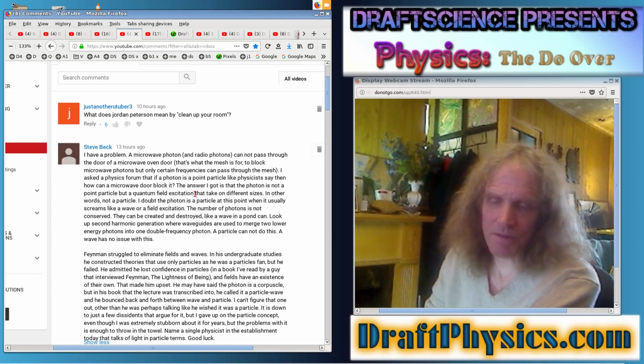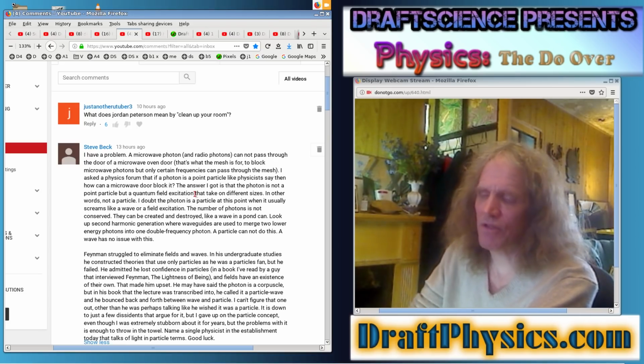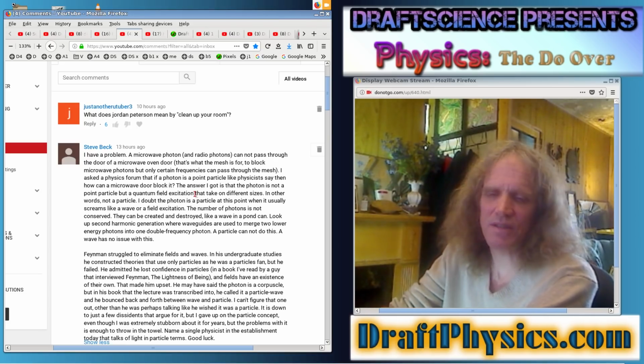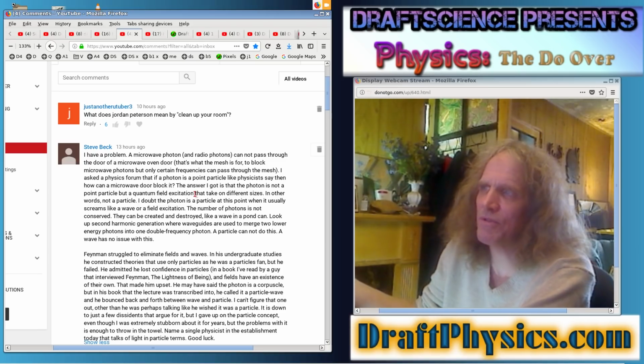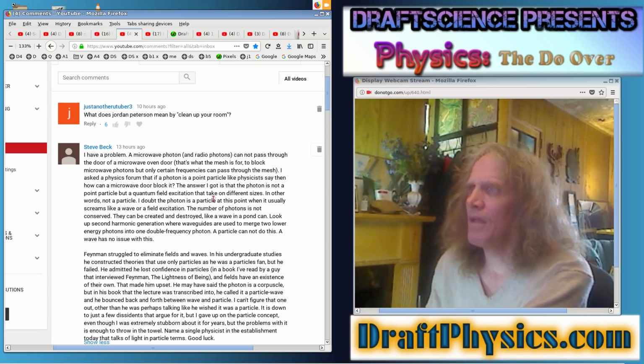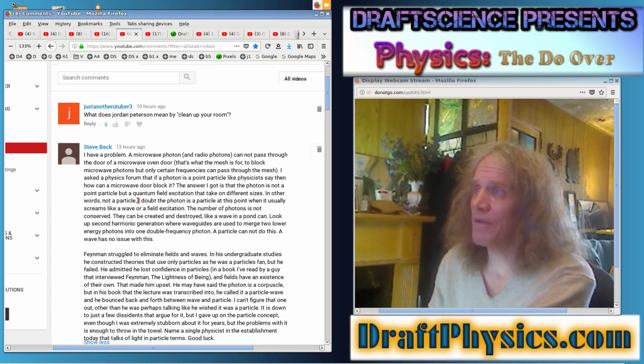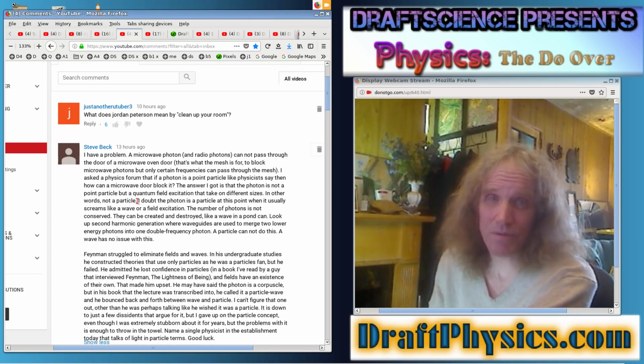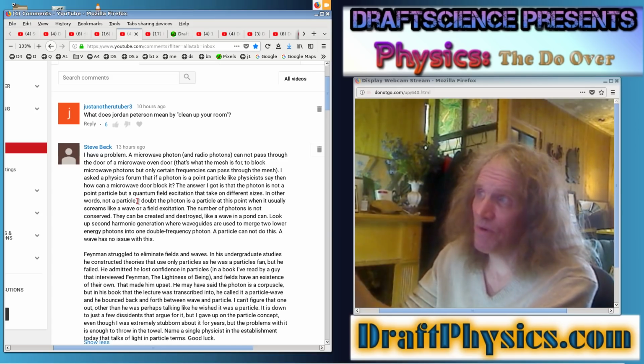They have no description for this field. It's a fundamental player in their physics, and yet they give us nothing. So they might as well just say it's space that takes on different sizes. In other words, not a particle. Well, obviously, whenever conventional physics uses the word particle, they don't actually believe in particles. So there's just no point.